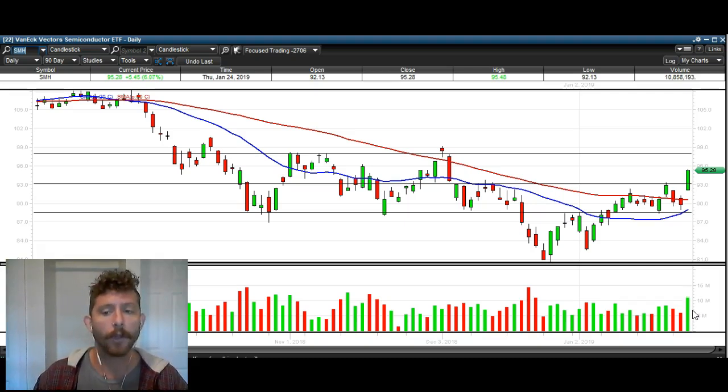So a big volume day right here, breaking over this resistance right here, which is right around $93. So if we get a retest lower at about $93, that is going to be a good buy zone here to target $98, okay? 93 support, 98 resistance.